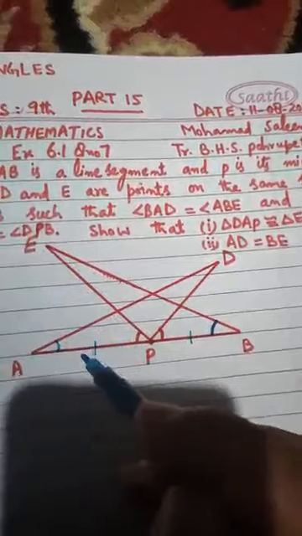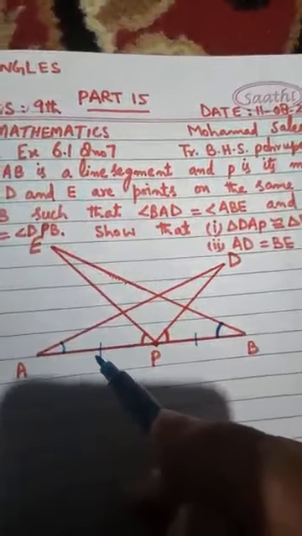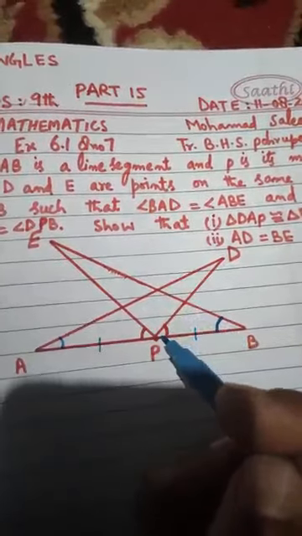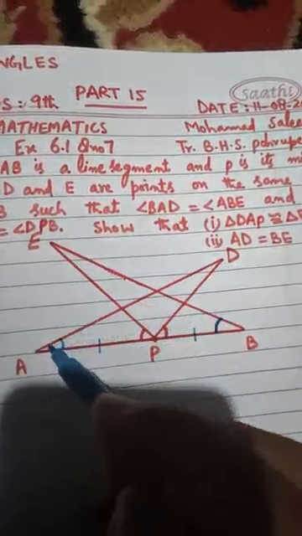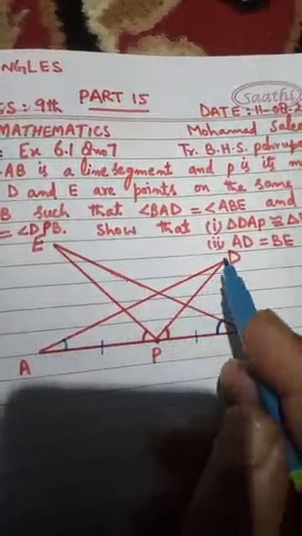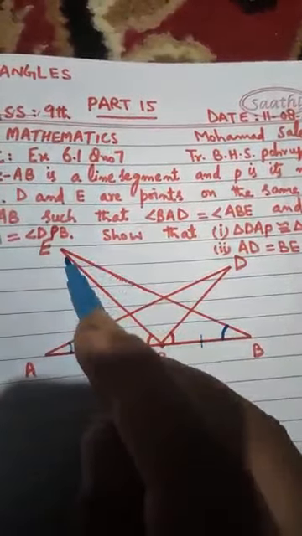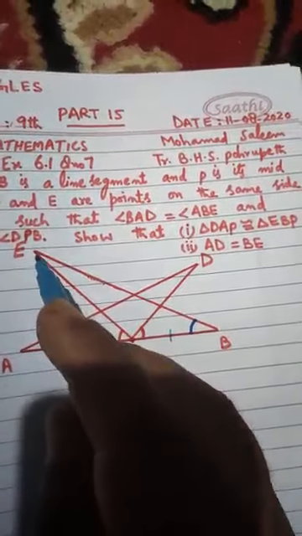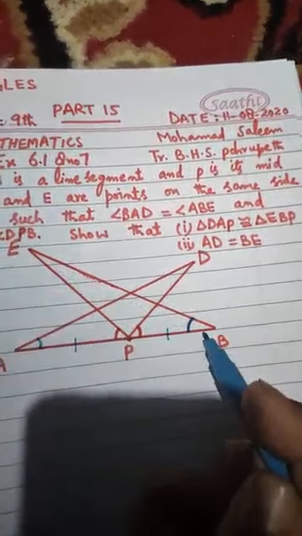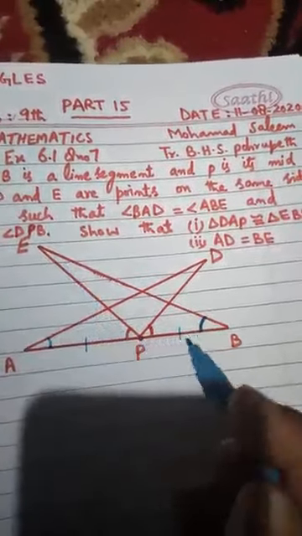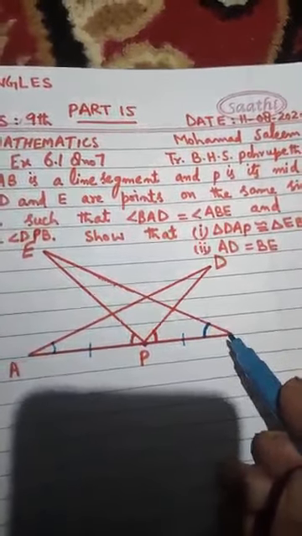So we have to prove that triangle DAP is congruent to triangle EBP. That means we have to prove that these two triangles are congruent.